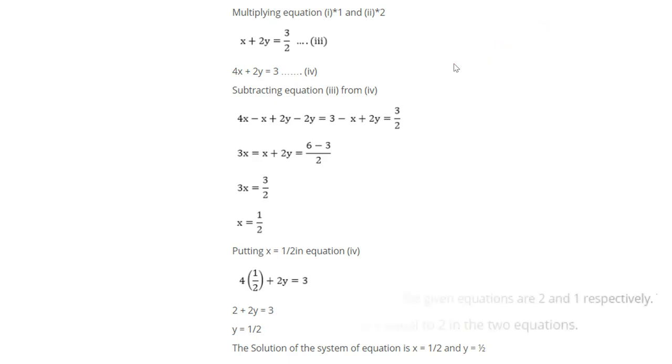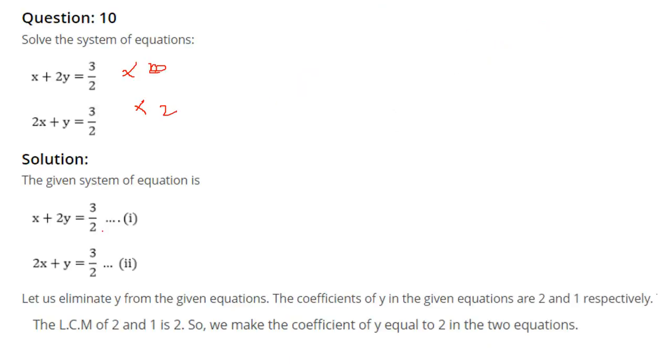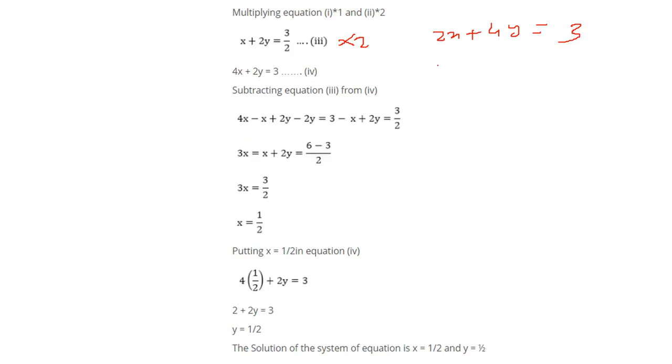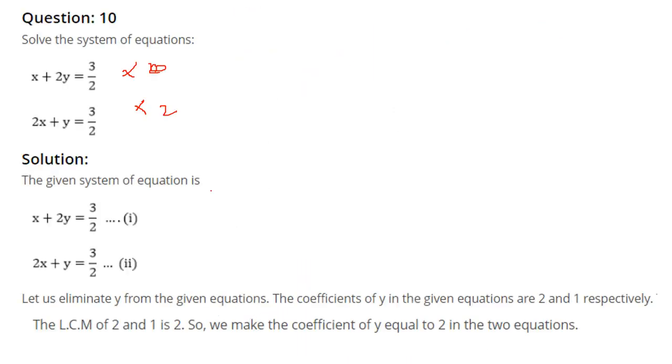And the other equation you can directly use. One equation is multiplied by 2, giving 2x plus 4y, and I'm just doing it in another way. The 2 cancels, you get 3. And the other is 2x plus y equal to 3 by 2.